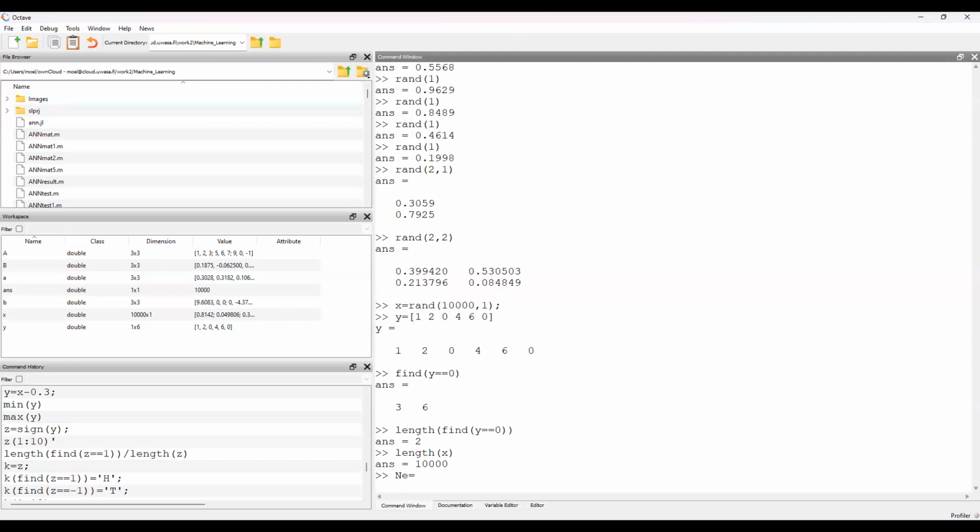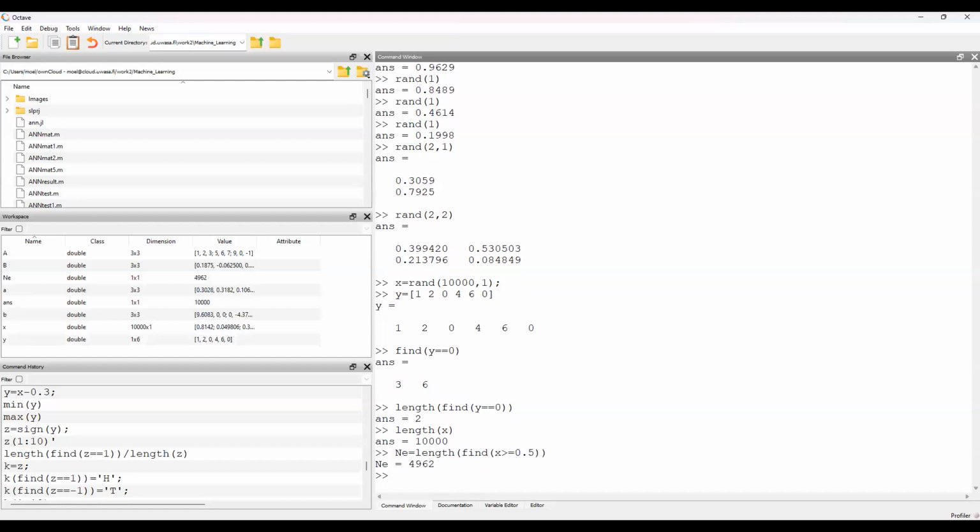Okay, NE equal to length of find of x greater than or equal to 0.5. Okay, so now it gives me NE equal to 4,962 elements greater than or equal to 0.5. Okay, what is the probability that the element is greater than 0.5?